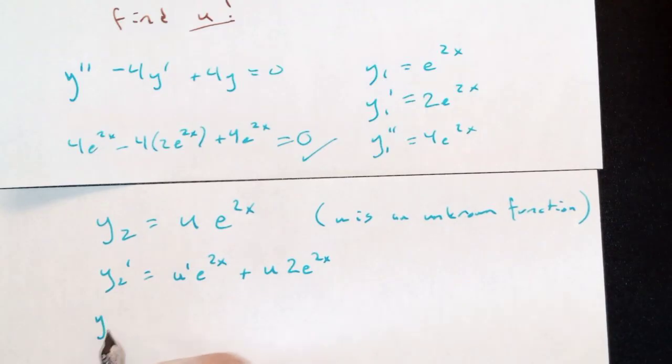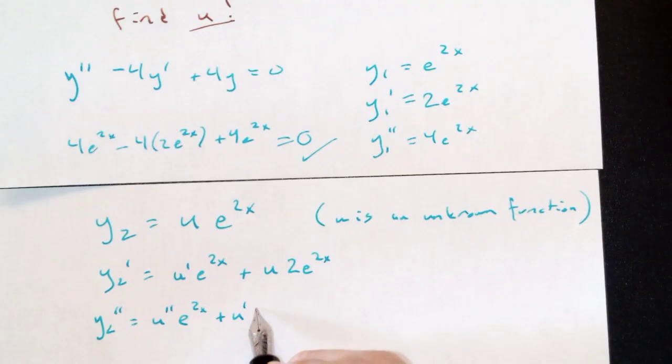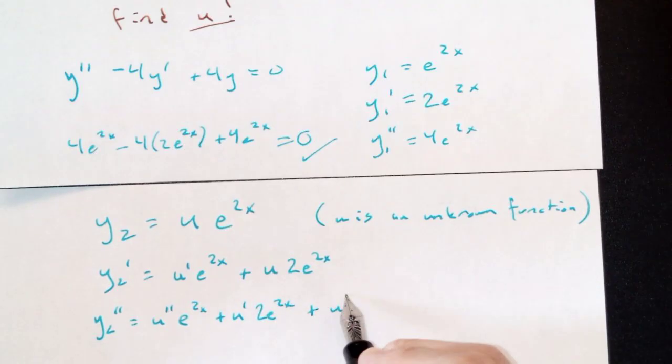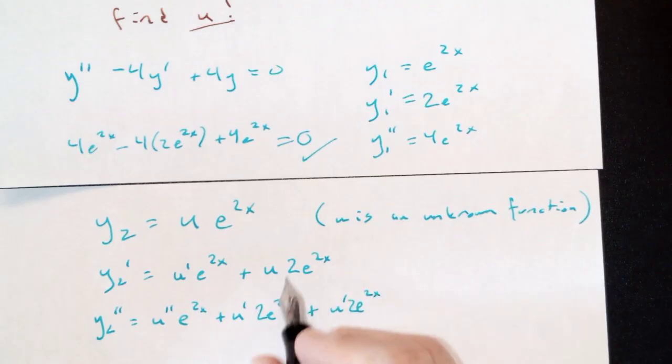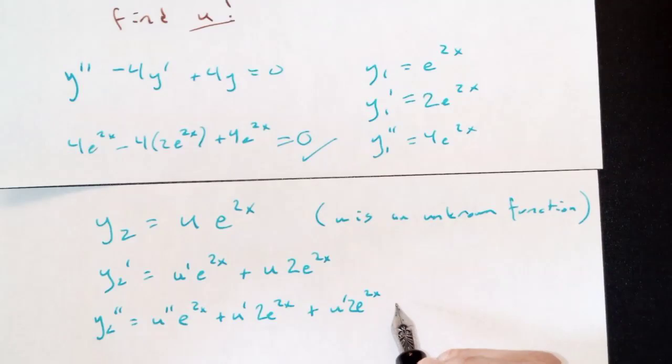But I need the second derivative, y2 double prime. I do the derivative here, I get u double prime, leaving the e to the 2x alone. Then I do the e to the 2x, leaving the u prime. Then this pair, I do the u. Wait, that becomes the u prime. Hey, look at that. Leave the 2e to the 2x alone.